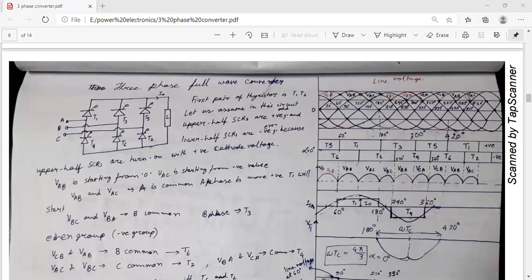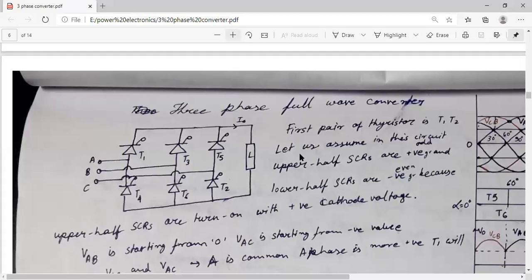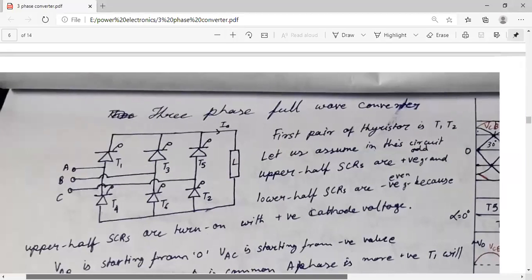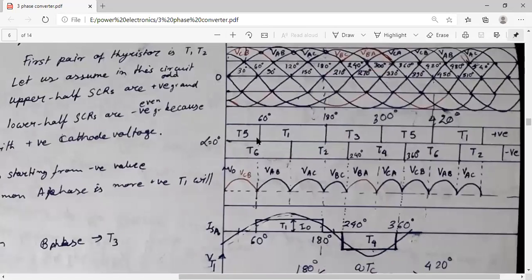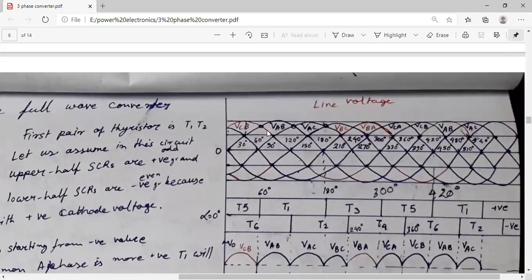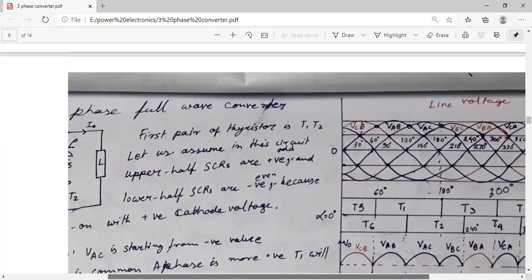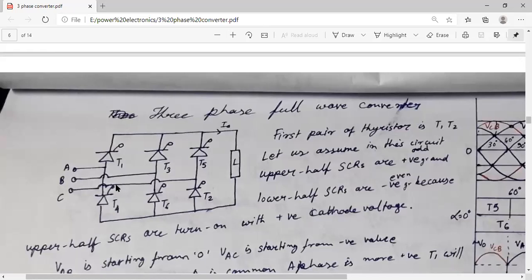So if I enlarge this, you can understand that this is the diagram, our line voltages. So line voltages are VCB, VAB, VAC, this way it will continue. Now you can see in this picture, this is the three-phase full wave converter. Here the thyristors are connected in this way. At a time, two thyristors will be on.